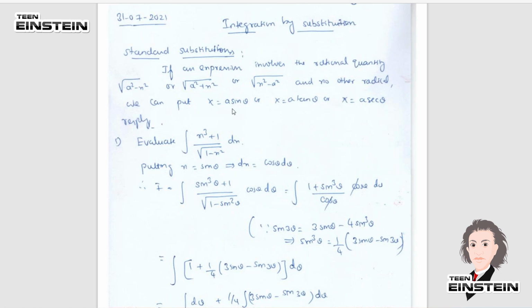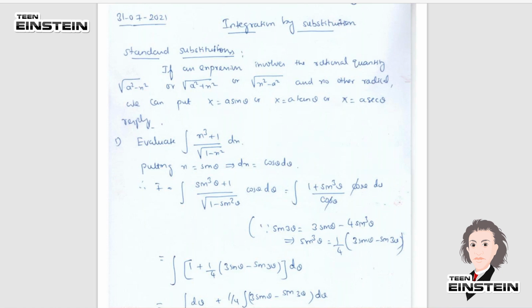For square root of a square plus x square, we use x equal to a tan theta. For square root of x square minus a square, we use x equal to a secant theta. These are the standard substitutions.